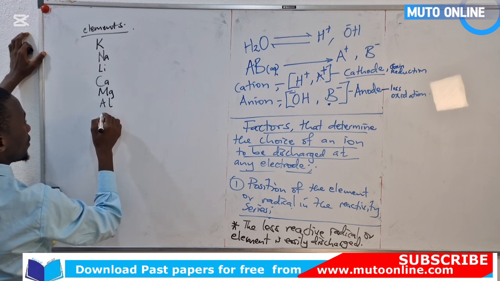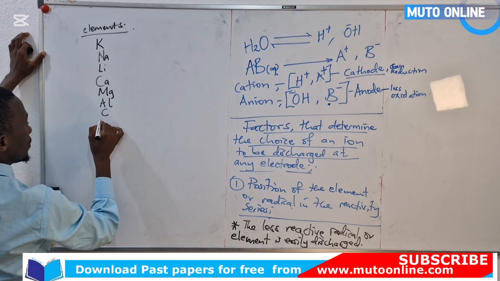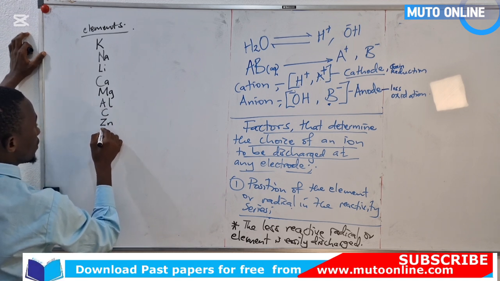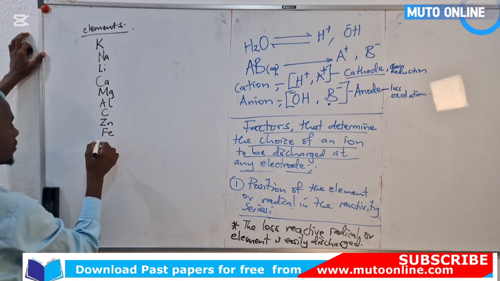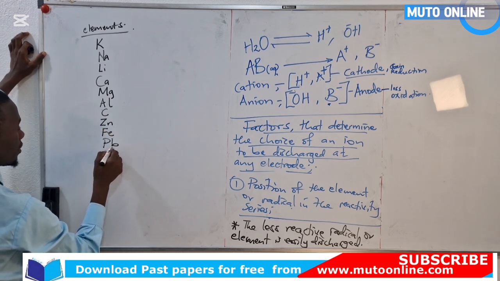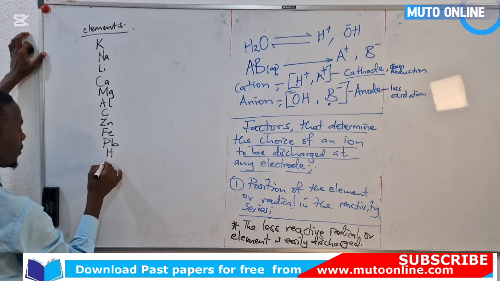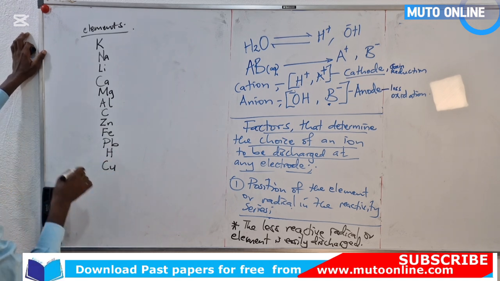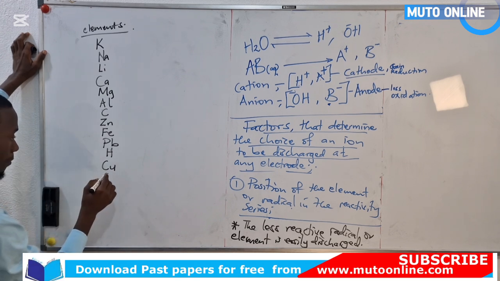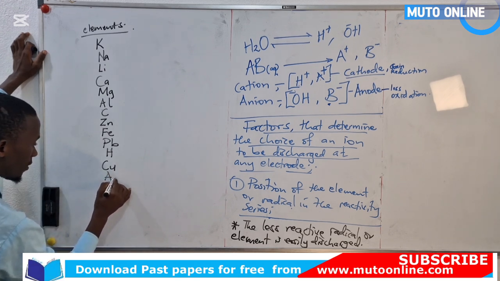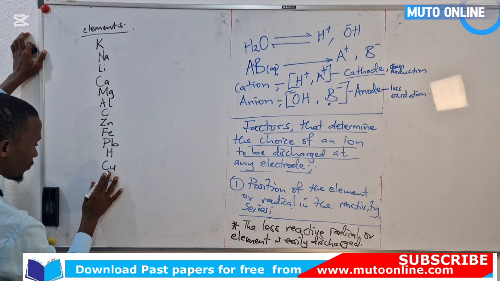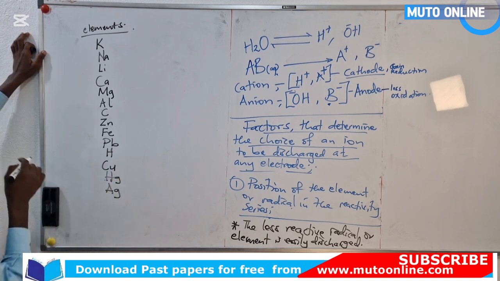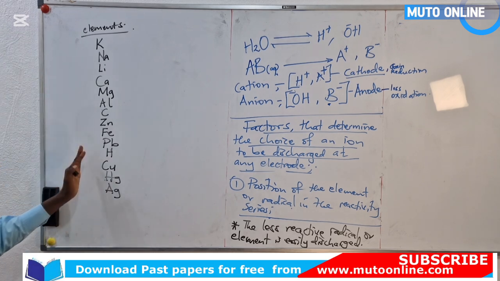Aluminium comes. Carbon. Zinc. Iron. Lead. Hydrogen. Copper. Remember, there are many. Silver. No, mercury first, and then silver. We may not talk about the others. These are the common ones.